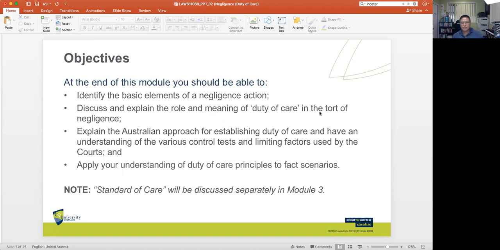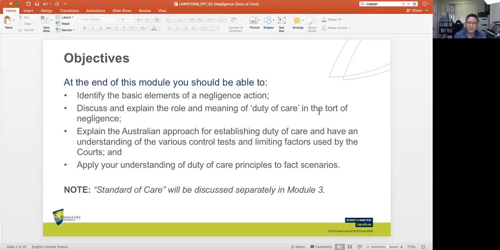You should also notice that although we're talking of duty of care in this particular video, the issue of what the content of the duty of care is and what the standard of care might be are actually separate questions. And we will be discussing the concept of standard of care separately in module 3, or in the next video, but not in this one.